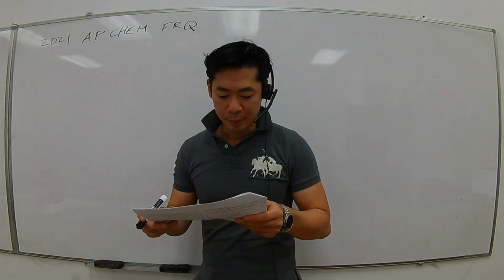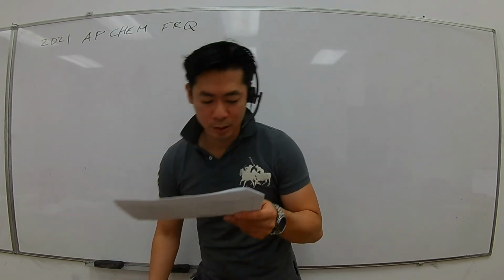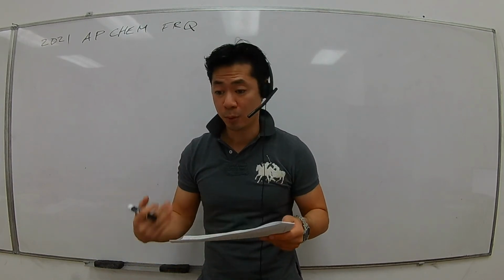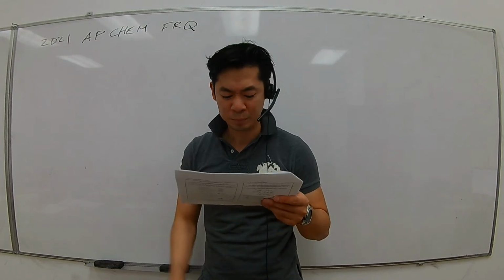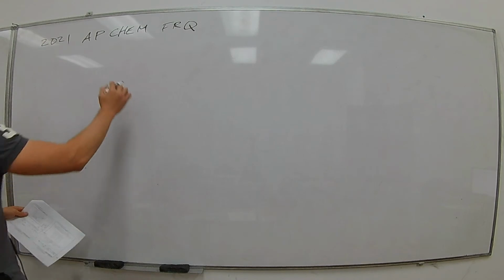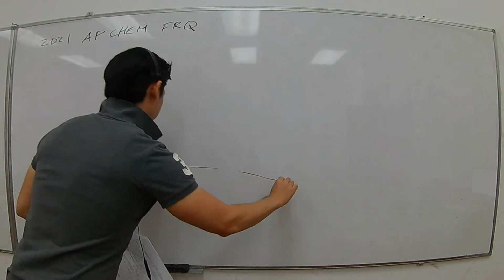So part F is asking, the absorbency of the copper sulfate solution of unknown concentration is 0.219. Determine the molarity. I think there's a couple ways you can do this, guys. I'll tell you how I approach the question.